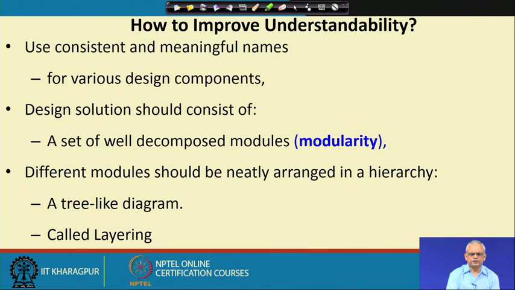All design components should have names that correspond to the problem domain as far as possible, and they should be meaningful to somebody trying to understand.